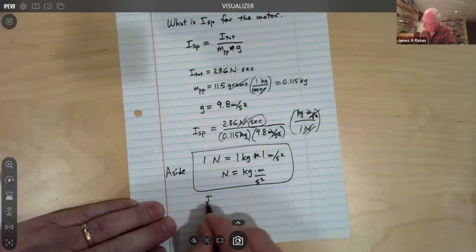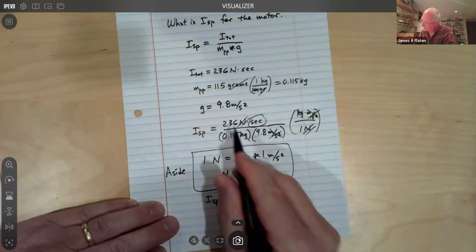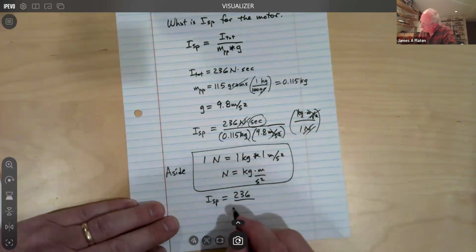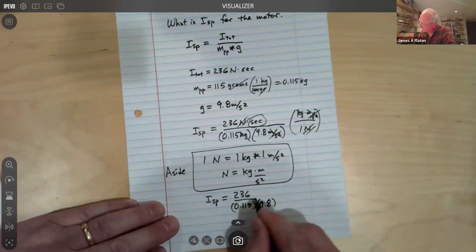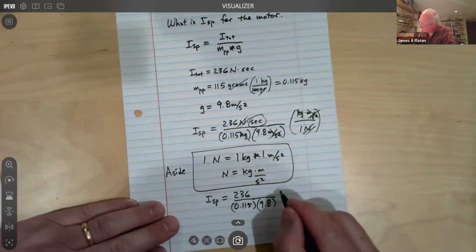Now I'm back to ISP equals 236 times 1, I guess, divided by 0.115, also divided by 9.8, also divided by 1, and the units are seconds.